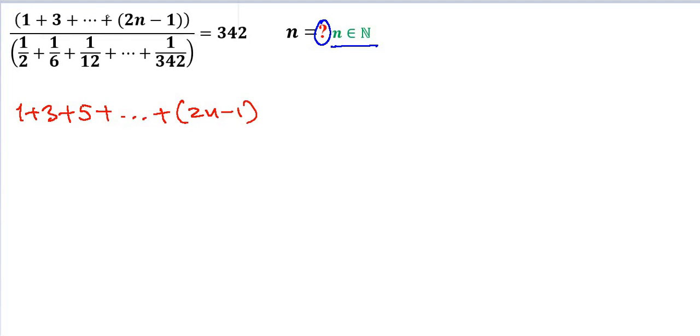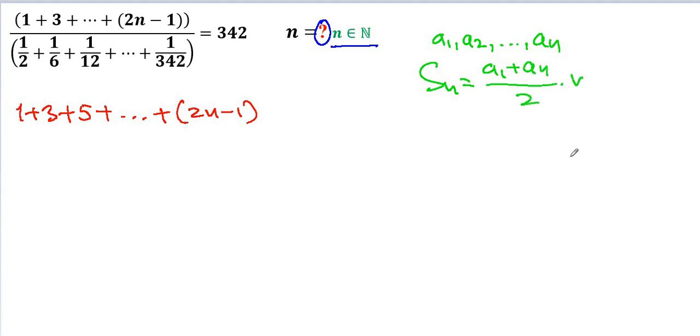To find the sum we use the following formula: if we have terms a1, a2 and so on up to an, then the sum is the first term plus the last term, divided by 2, times the number of terms.